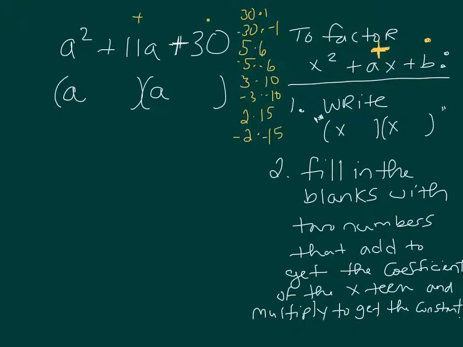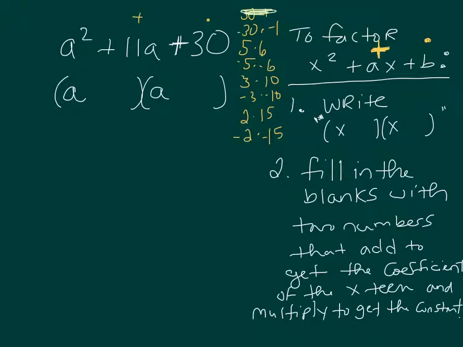Is there any other way that I can get 30? I think that might be it. Now I'm just going to go down the list, and if a pair gives me 11, then that's the pair of numbers I want to use. 30 plus 1 is 31. That's not 11, so get rid of that.